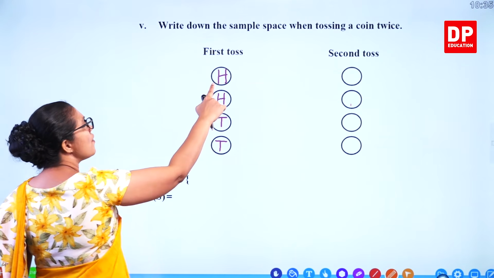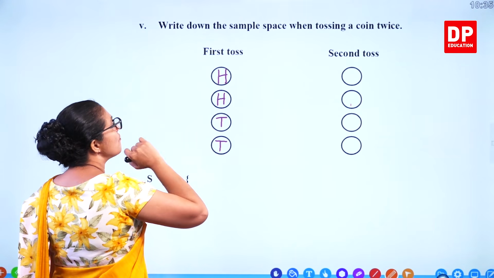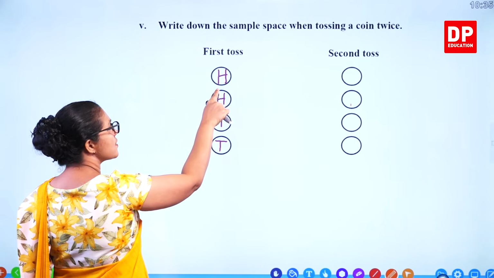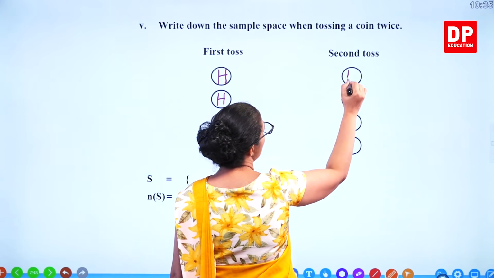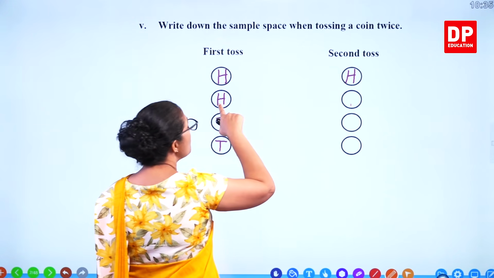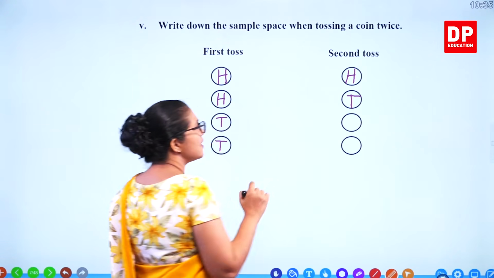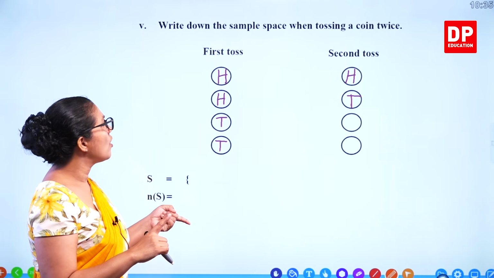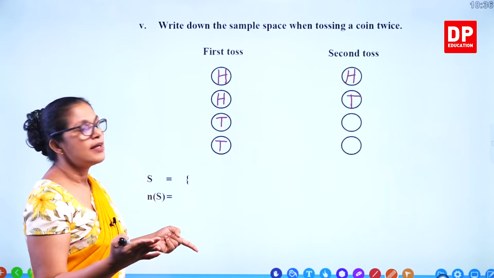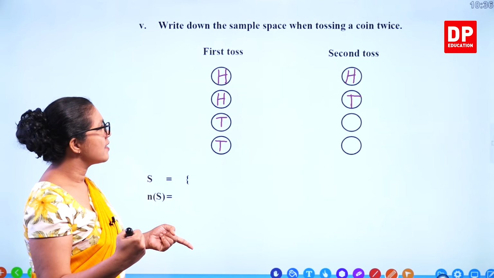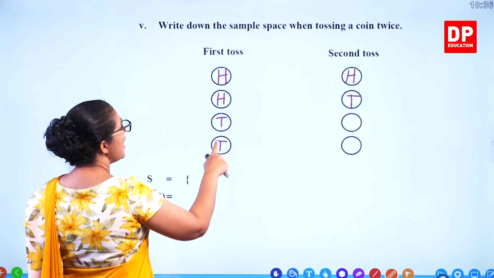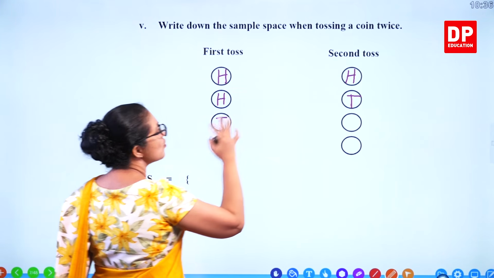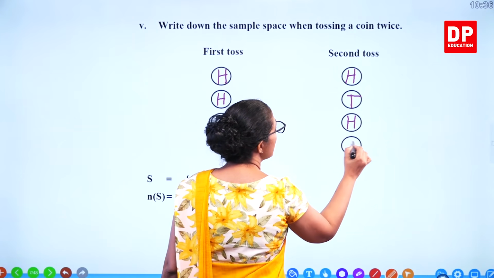But when you take the first toss as head, for the second toss you can get head as well as tail. With the tail in the first toss, you can get head or tail.